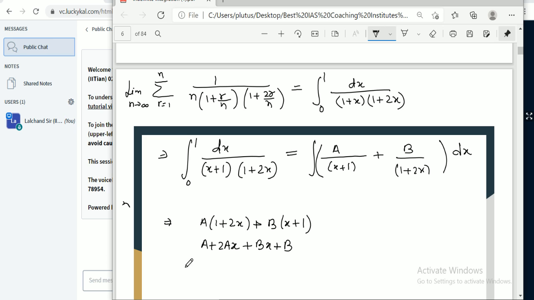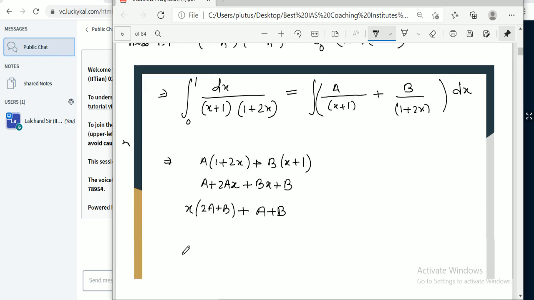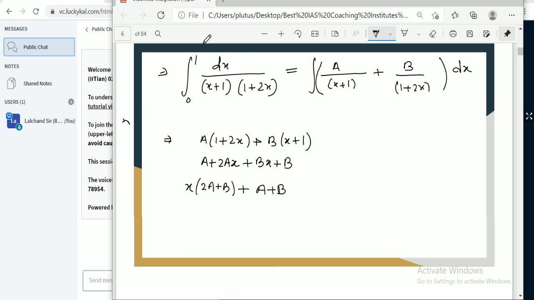Here x is common, 2a plus b and a plus b. Comparing with the numerator of the original, the constant is only 1, so a plus b should be equal to 1, and 2a plus b should be equal to 0 because there is no term of x.